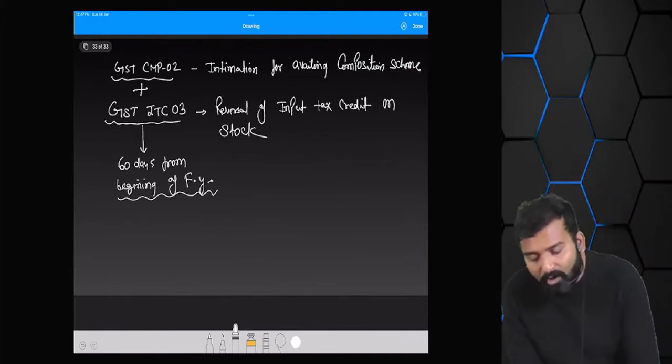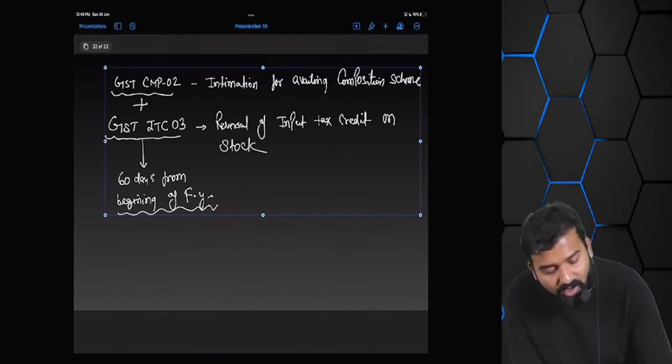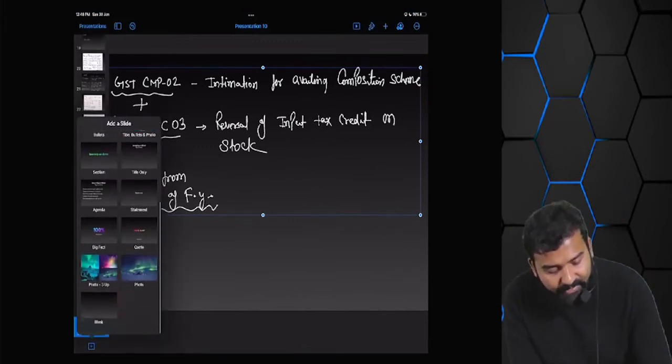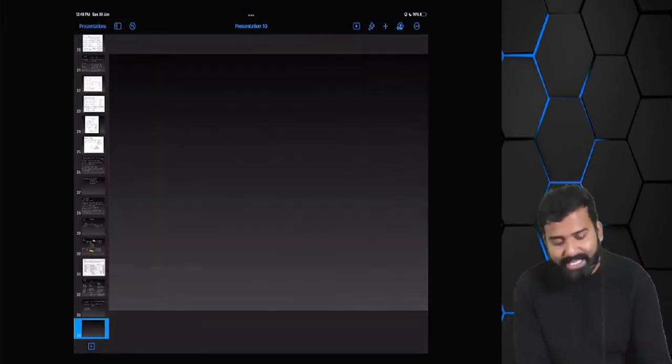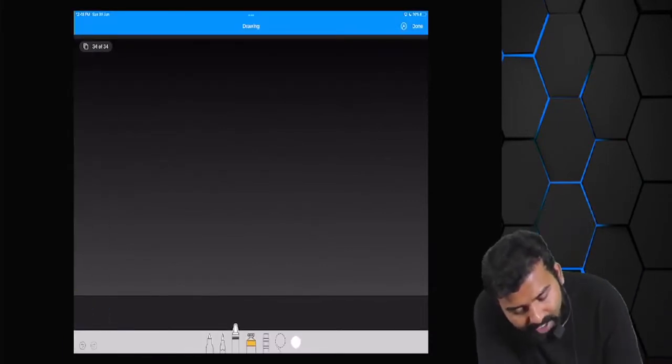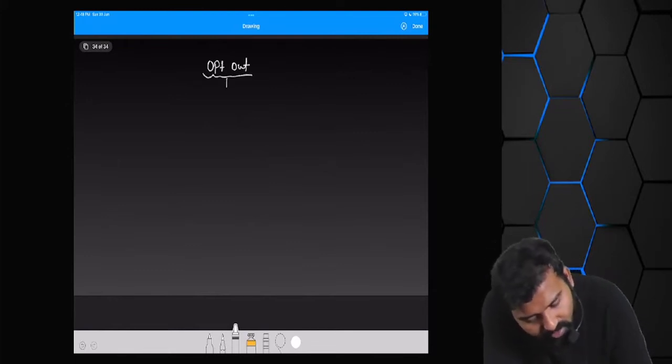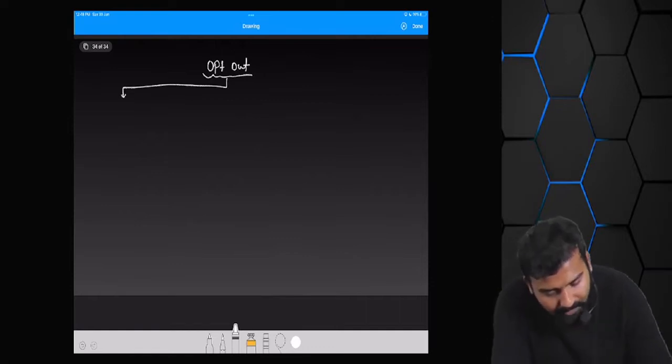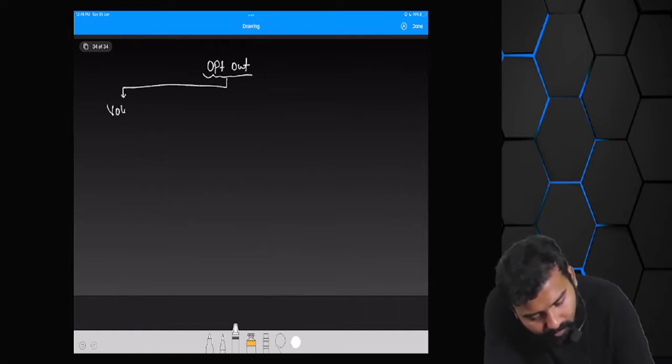Now we are moving towards the forms for opting out of the composition scheme. If a person wants to opt out of the composition scheme, what are the forms that we have to cover? First of all, he can opt out voluntarily.